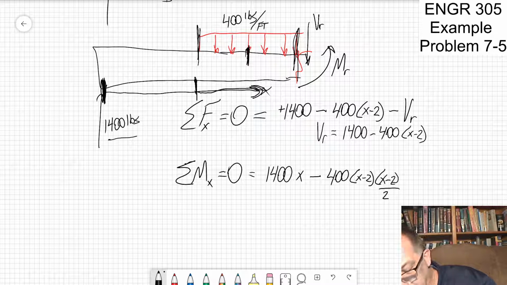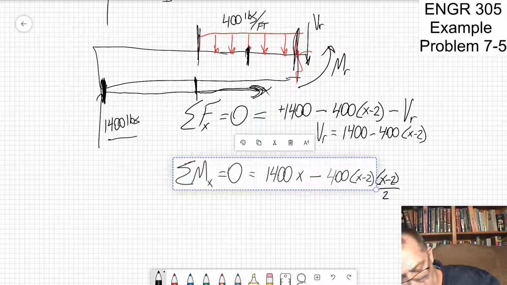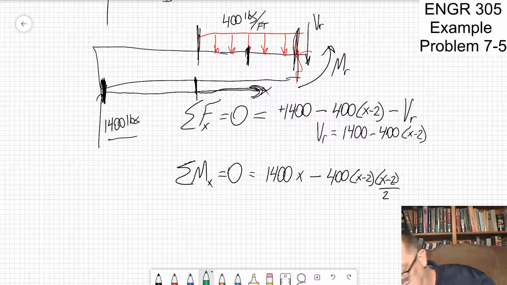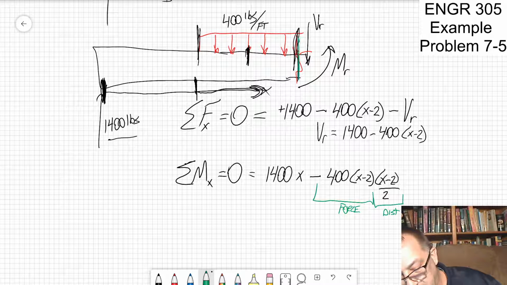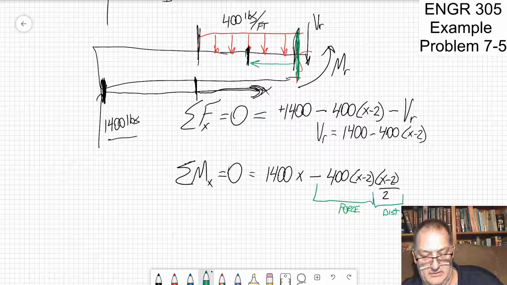So now I'm going to be careful here. I'm going to say this is my force, and this is my distance. Here's how I got the distance, and because this is confusing, the distance is from the cut edge back to there.